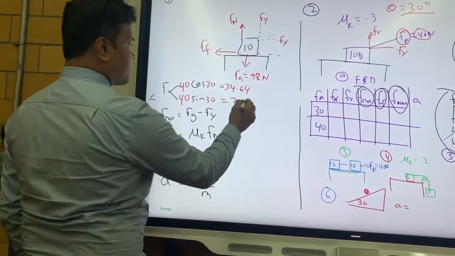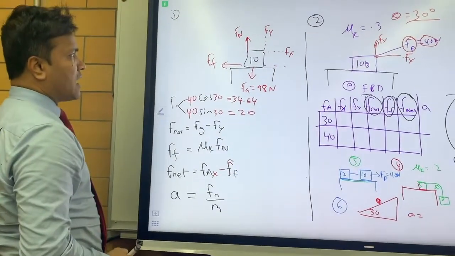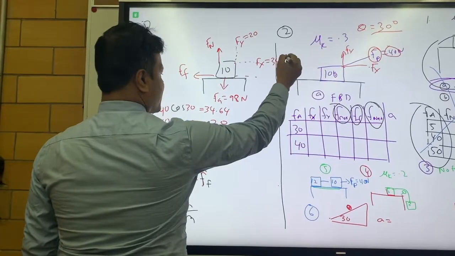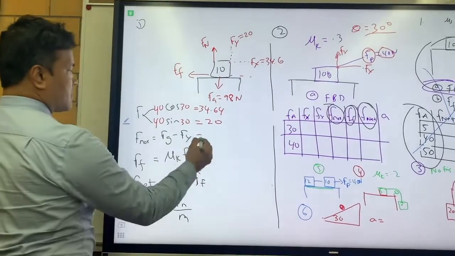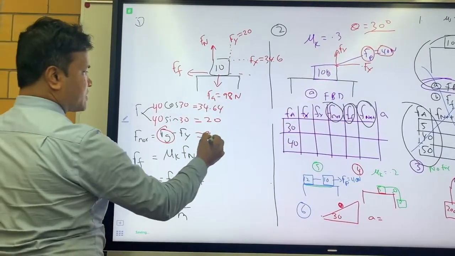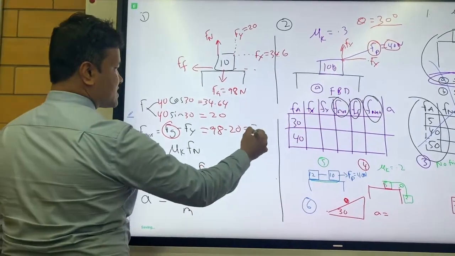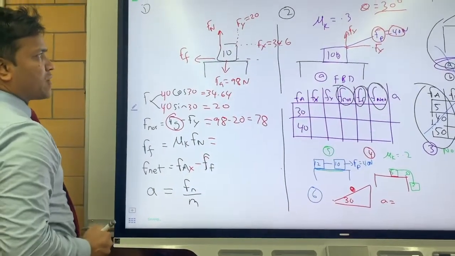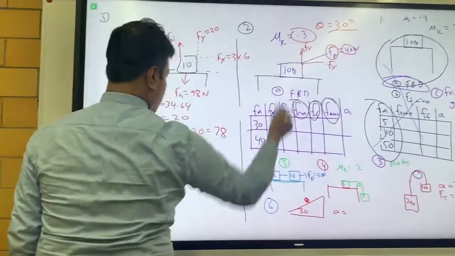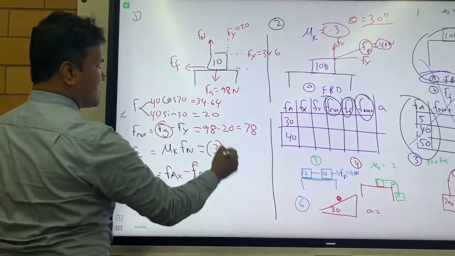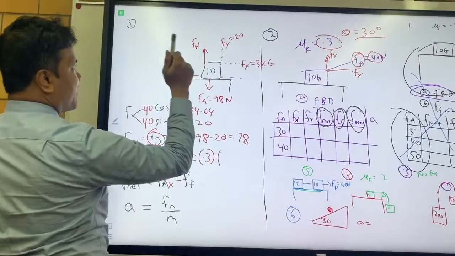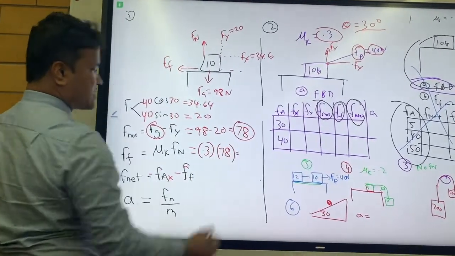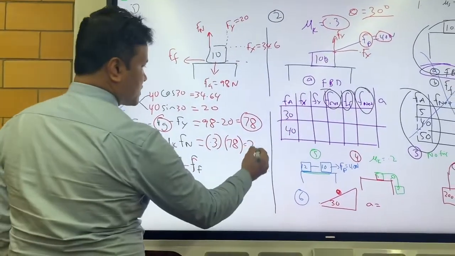And this is 20. So Fn is 98 minus 20, so this is 78. I have mu k, which is 0.3. So 0.3 times Fn, which is 78. What is it? 23.4.